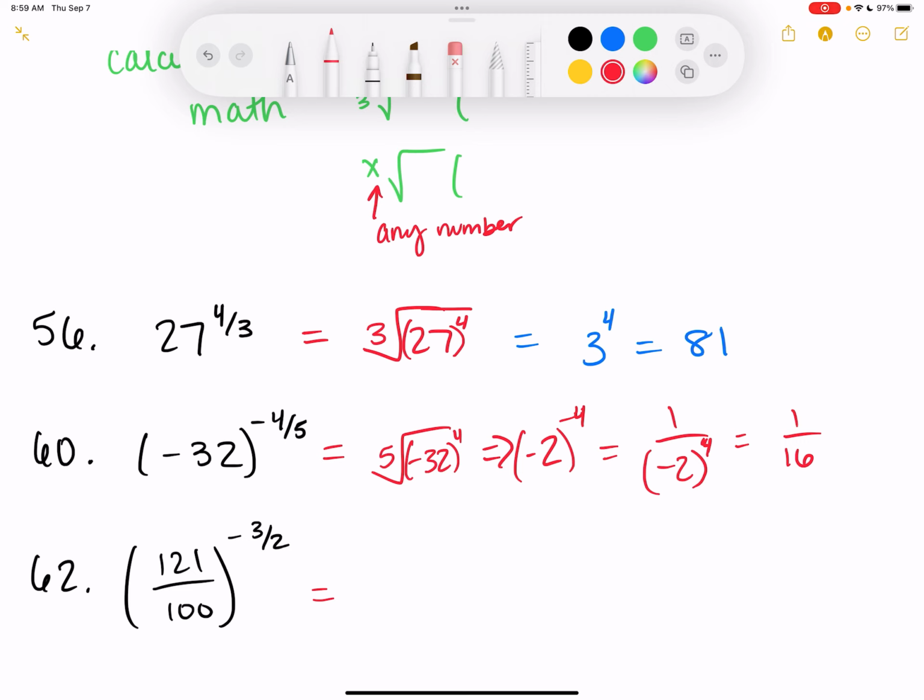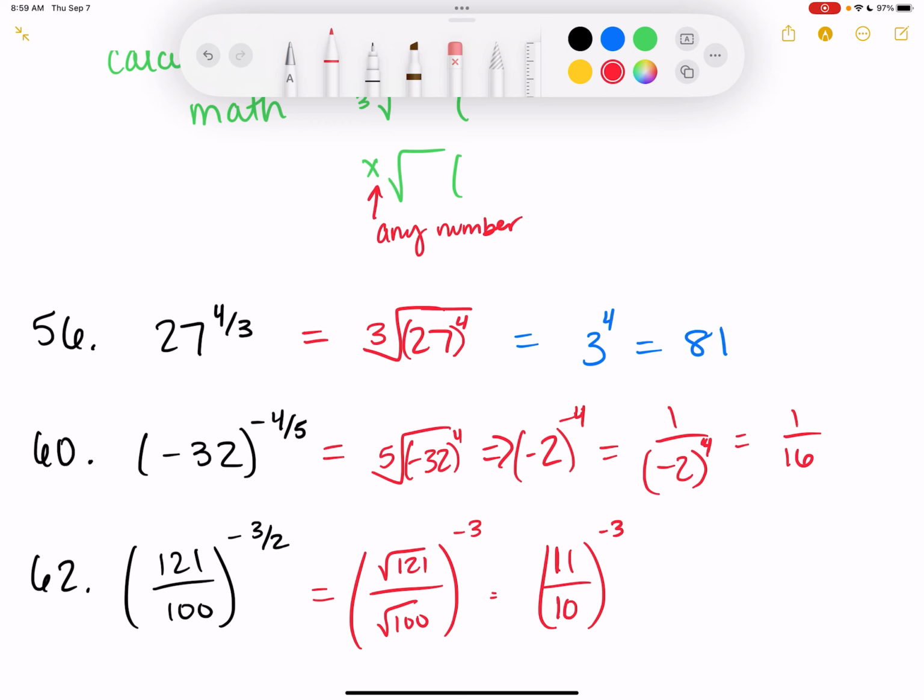So I'm going to do the square root of 121 and the square root of 100, and then raise that to negative 3. So square root of 121 is 11 and square root of 100 is 10. And so then I have this raised to the negative 3.